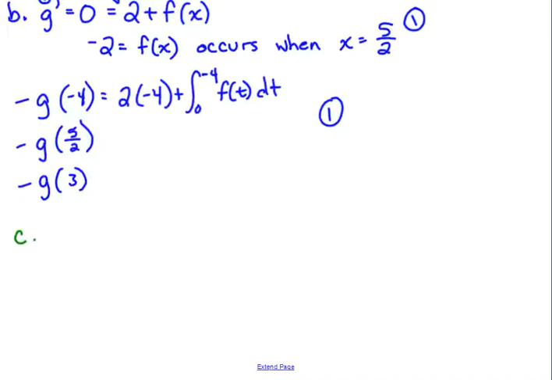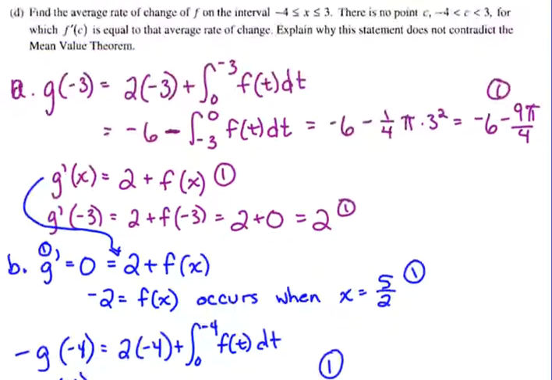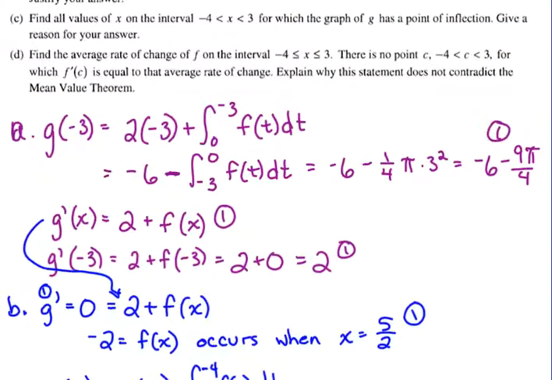Let's look at part C. Part C says find all values of x for which the graph of g has a point of inflection. Okay, point of inflection, change in concavity, so g double prime equals 0. So that's where g prime, which equals f, has a maximum or a minimum.